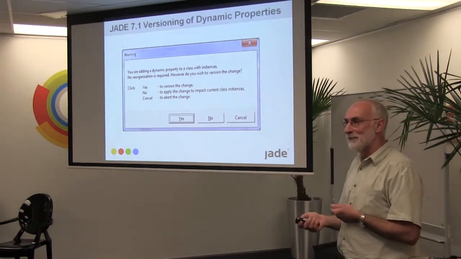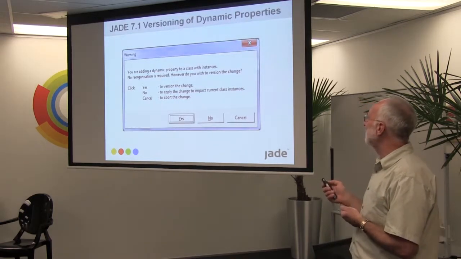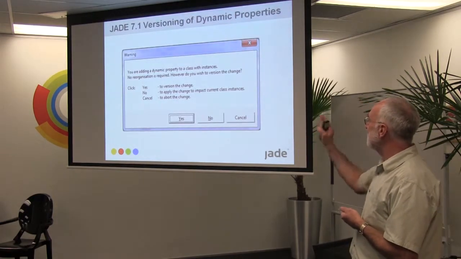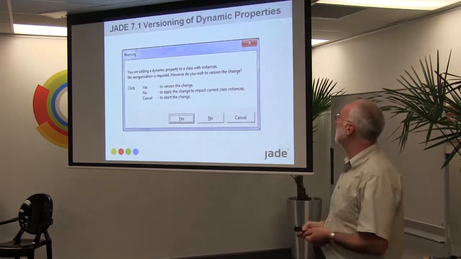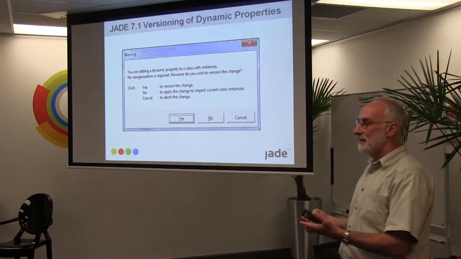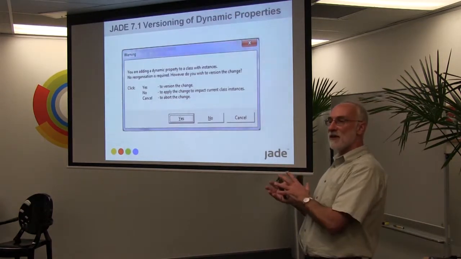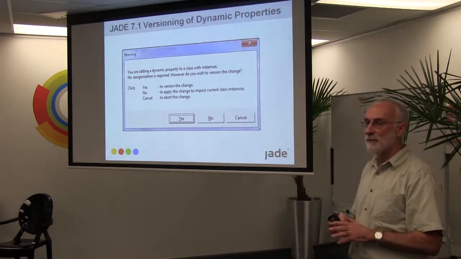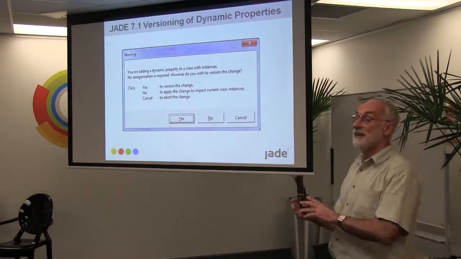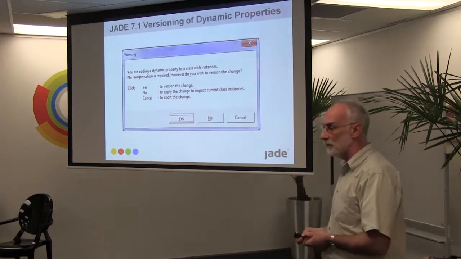What do you want me to do? And you say yes or no, or cancel to give up. If you say no, then you can carry on much like you would have with a runtime dynamic property. We now have the properties defined, and you can start using it. There's no reorgs involved at all.